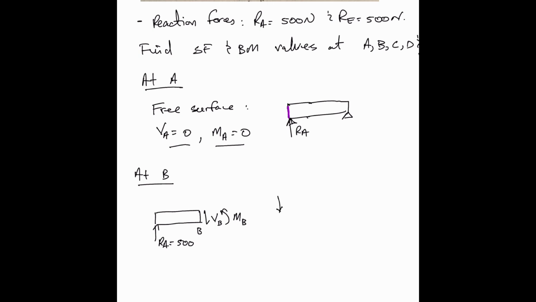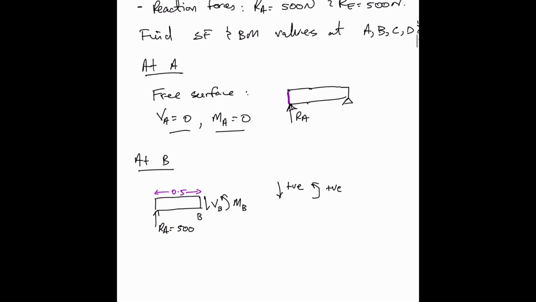Remember, down is positive, anti-clockwise is positive. And we know our distance is 0.5 meters. So we could calculate VB and MB.